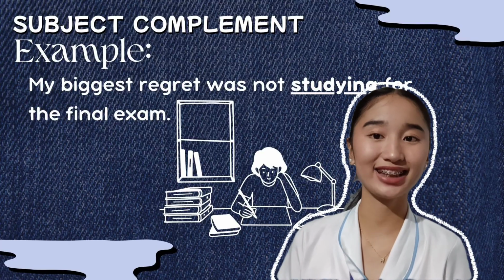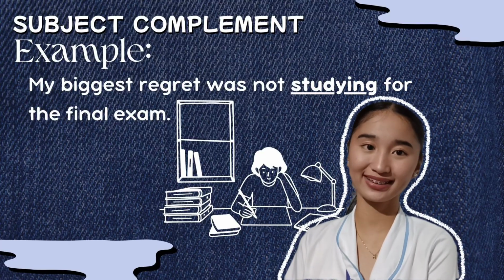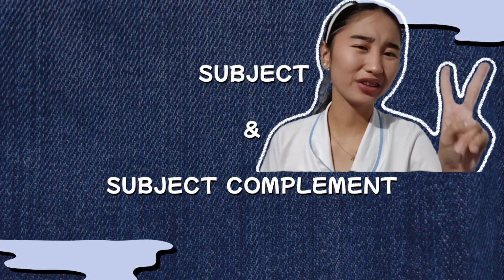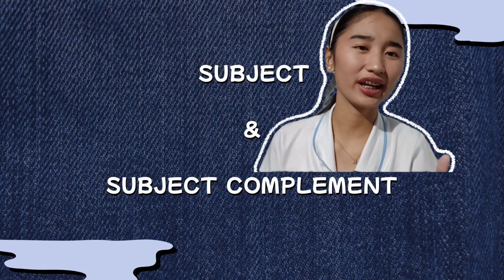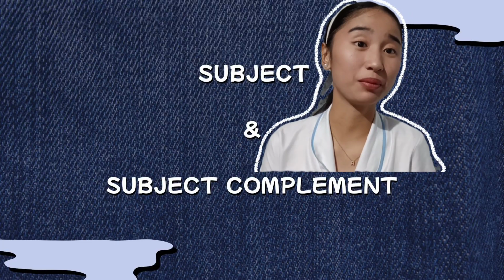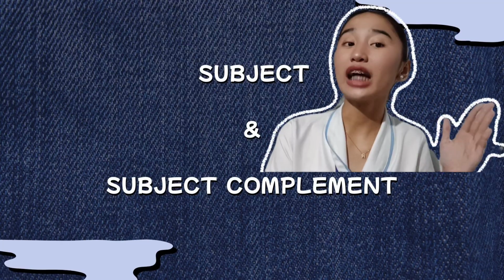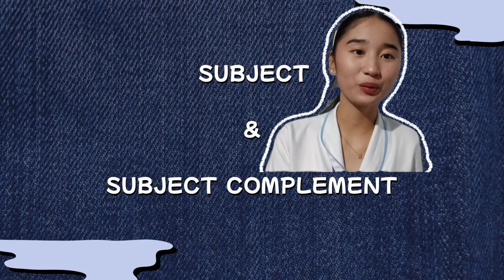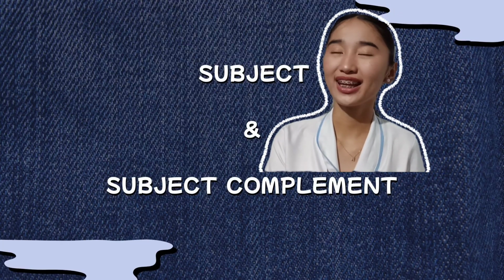So that is the example for the subject complement. They are both connected with one another, wherein the subject is something that is being discussed while the subject complement has something to do with the linking verbs of English.